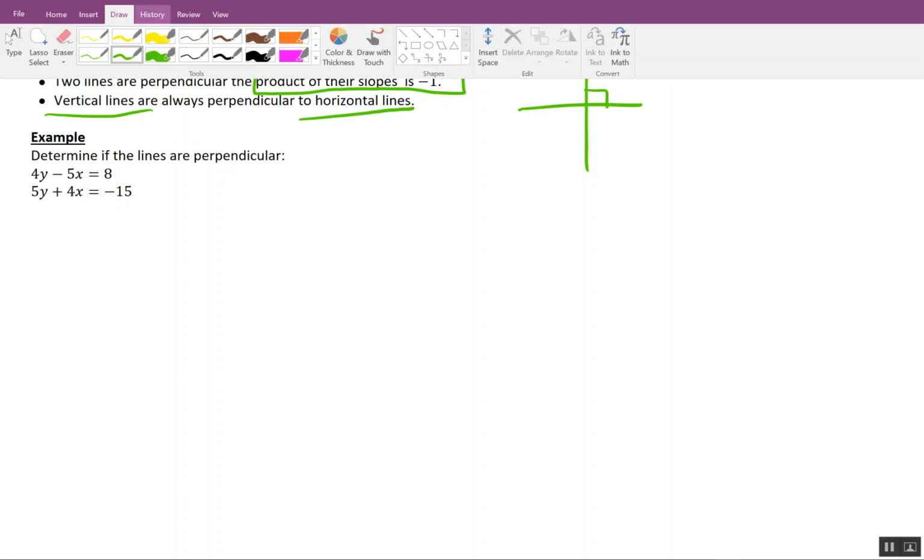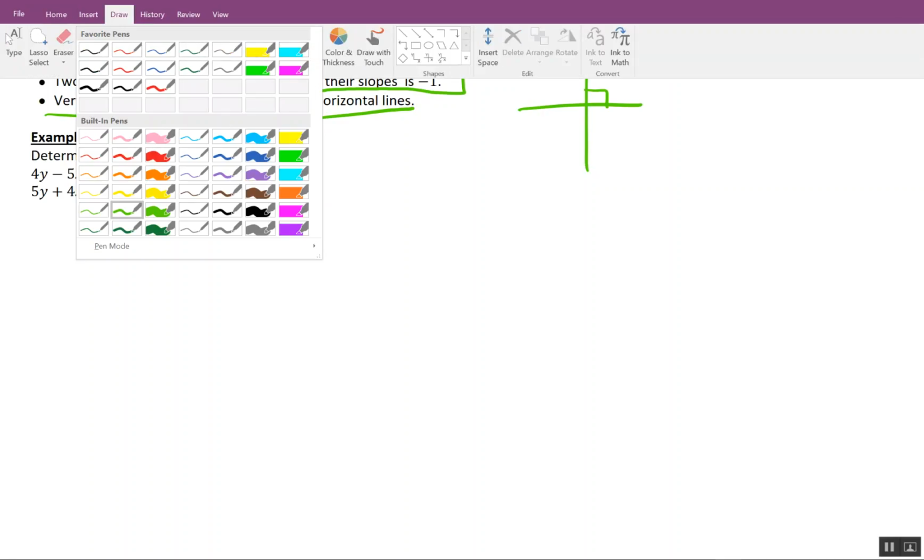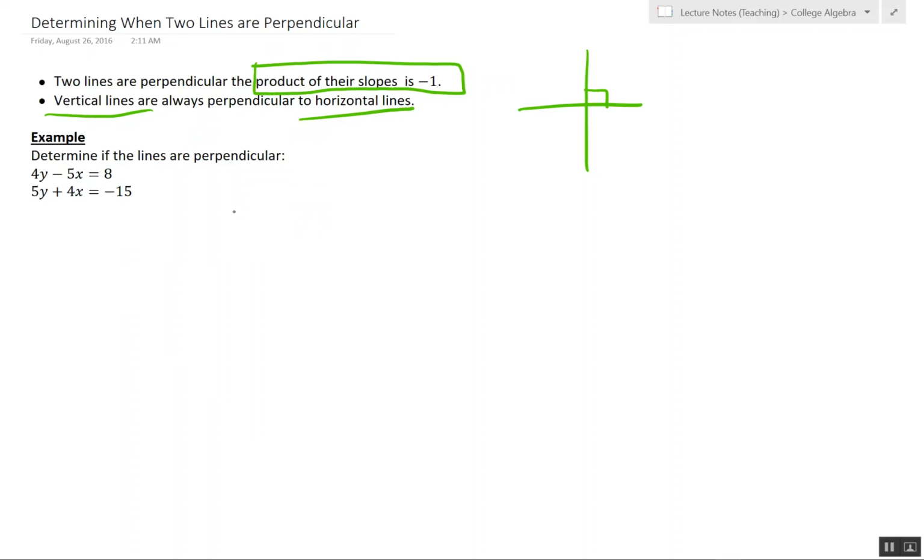So what we're going to do is solve each one for y, so we can put it into slope-intercept form and just compare the slopes and see what we get. So let's take the first one here. We have 4y minus 5x equals 8.